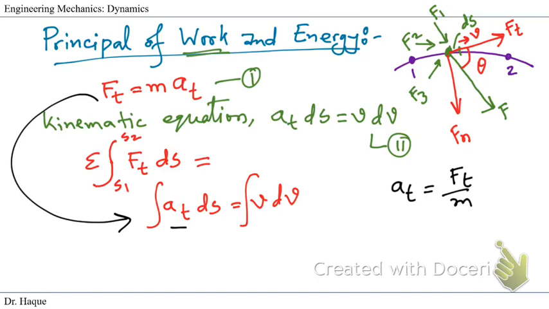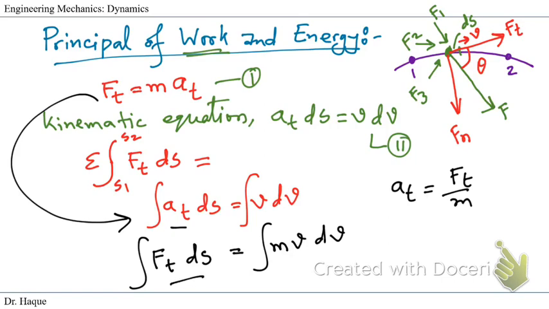So this will become Ft ds, and now I'm going to take the m to the other side, so m v dv, and we'll have our integration. This is our target because that will lead us to our work.